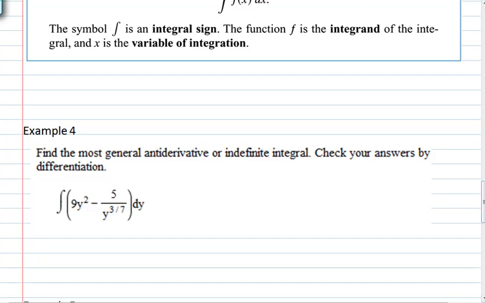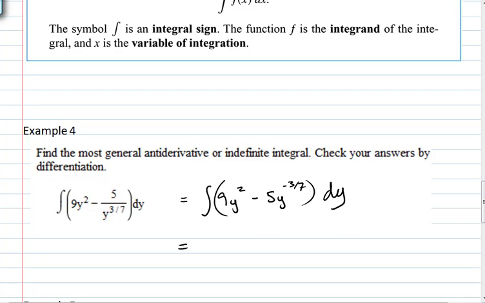Let's rewrite this as the integral of 9y squared minus 5y to the negative 3/7 dy. This just tells you the variable you're finding the antiderivative with respect to, and in this case it is going to be y.